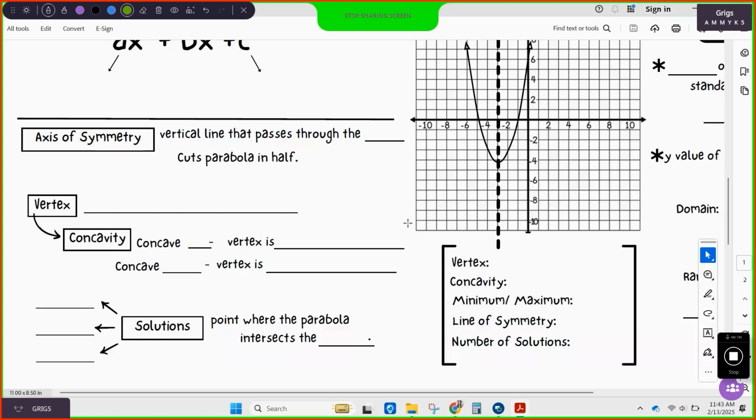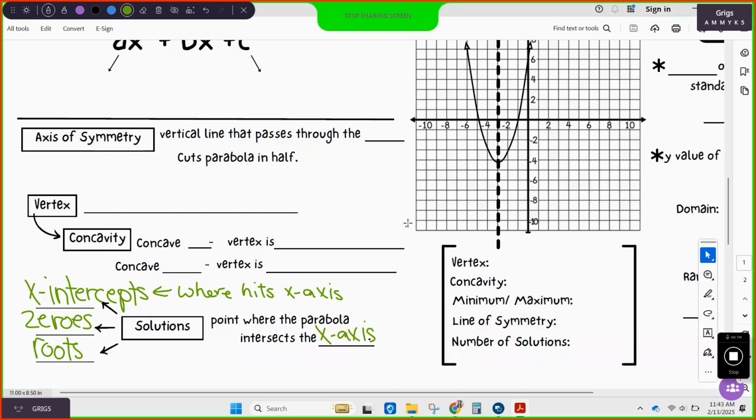Okay, looking at this graph over here, how many times does it hit the x-axis? Twice. Okay, so our solutions, we could have zero solutions. It could be floating. It doesn't have to hit the x-axis.